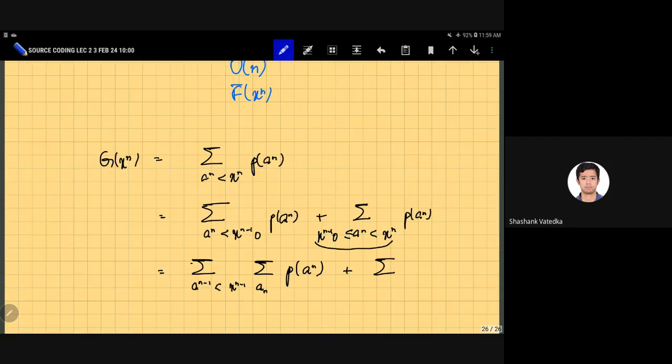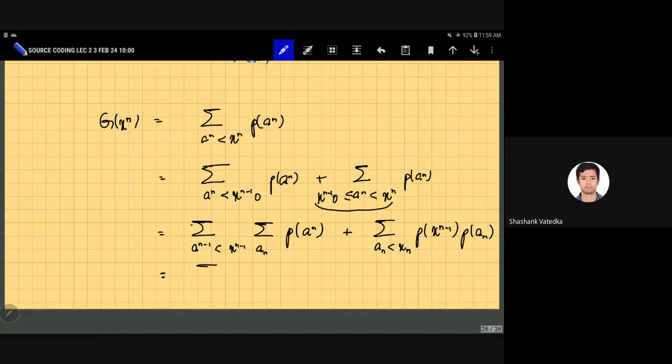So it is just the sum over a_n less than x_n of p of x^(n-1) p of a_n.